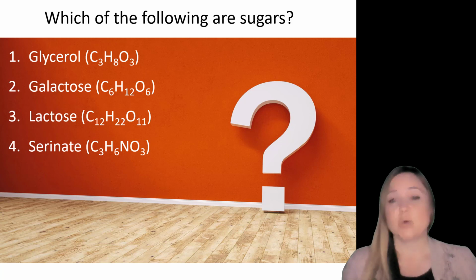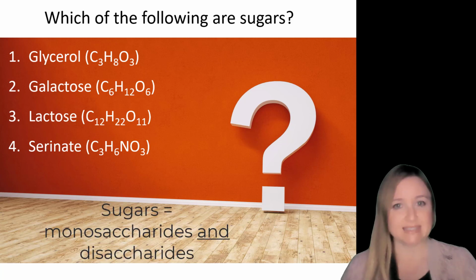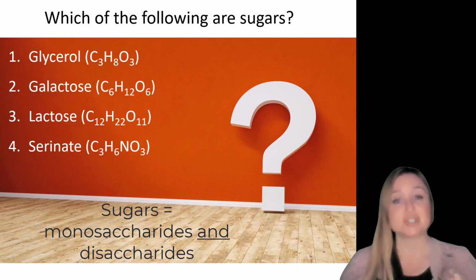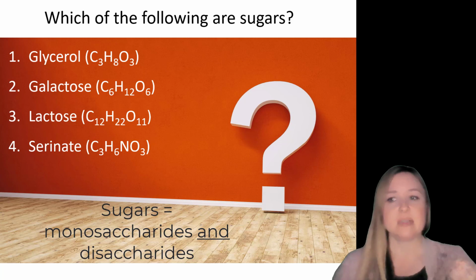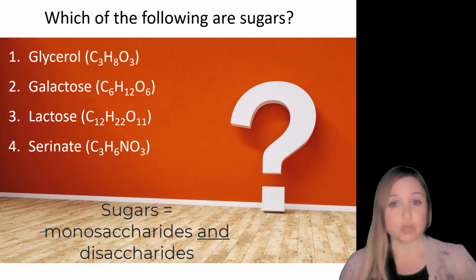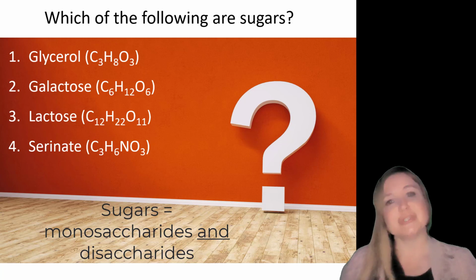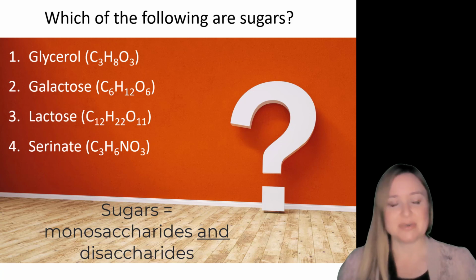Okay, sugars. What do we have to know here? Well, sugars are monosaccharides and disaccharides. They literally are sweet when you taste them. And remember this, right? Because we know things like glucose are going to be sweet, but sucrose, that's table sugar, well, that's also sweet. That's a disaccharide, right?